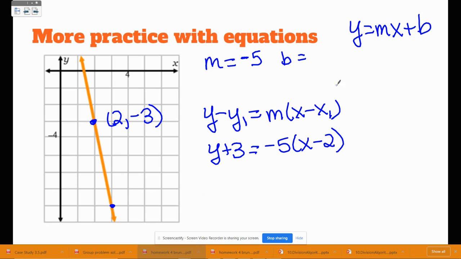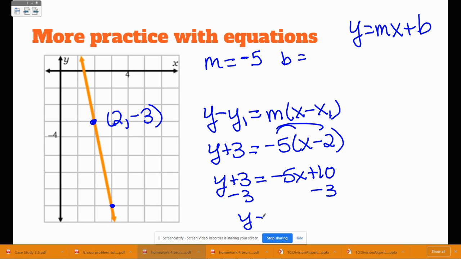From here, I now can find my y-intercept. I can just clean this up. Y plus 3 is -5x plus 10. And then you would subtract 3 and ask yourself if it looks reasonable. -5x plus 7. Does it make sense that the y-intercept could be up at 7? And I think it does.